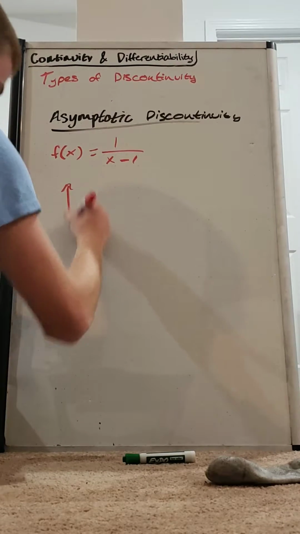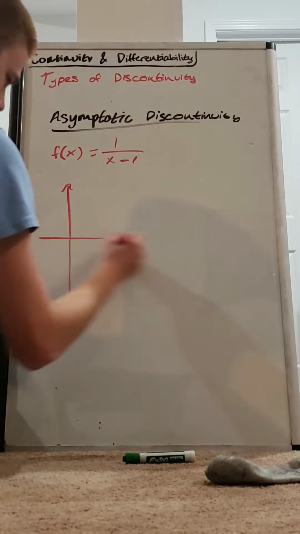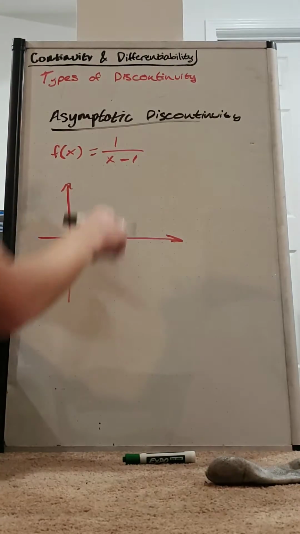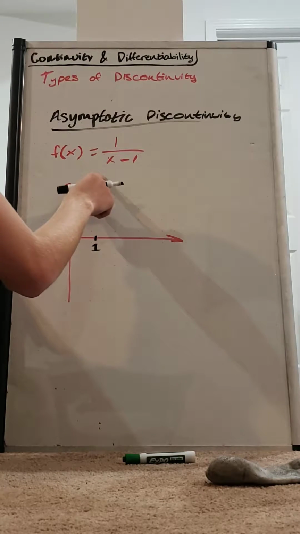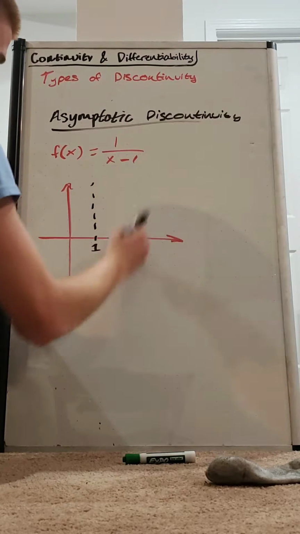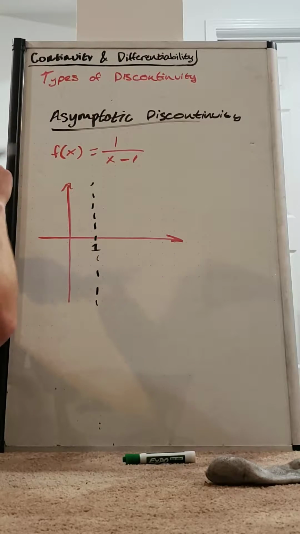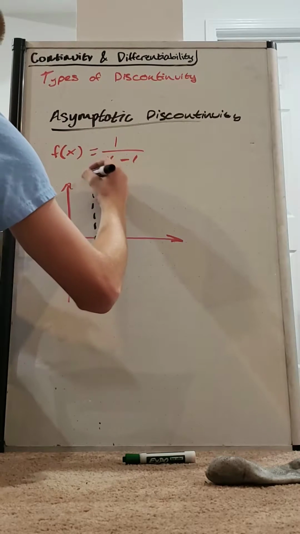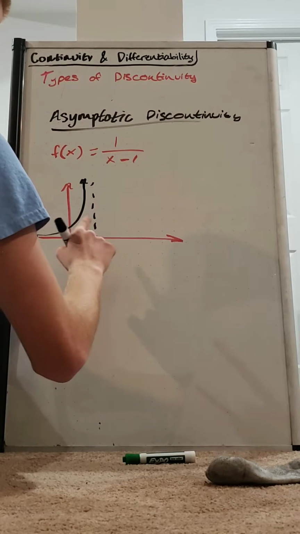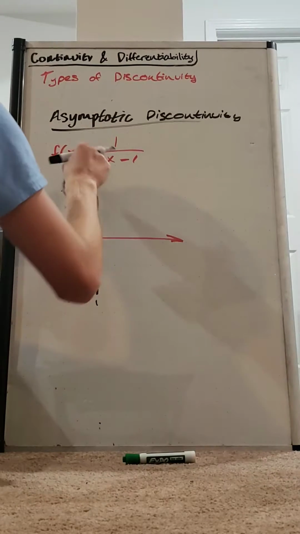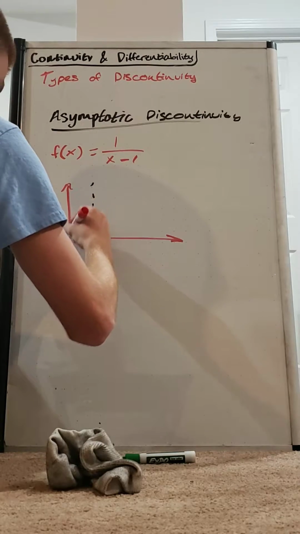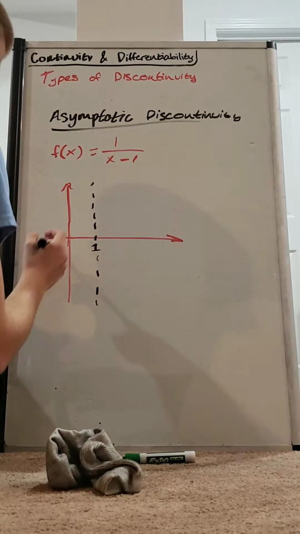If we graph this, we see that at 1, there's an asymptote, because this denominator can't be equal to 0, right? If we plug in 1, that would be 1 minus 1, and that's 0. So we have an asymptote here, where the graph would be like this.